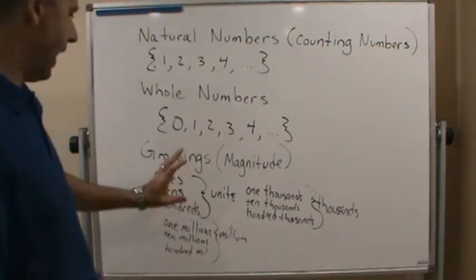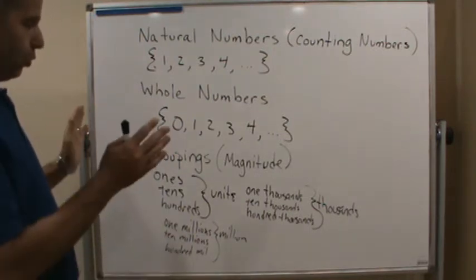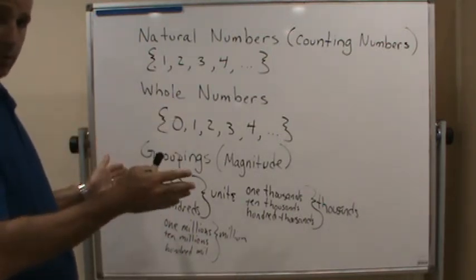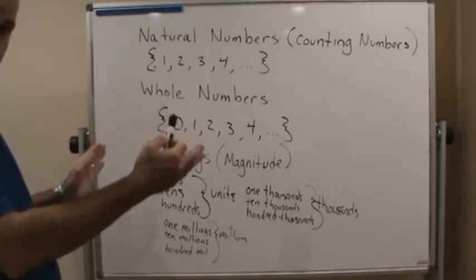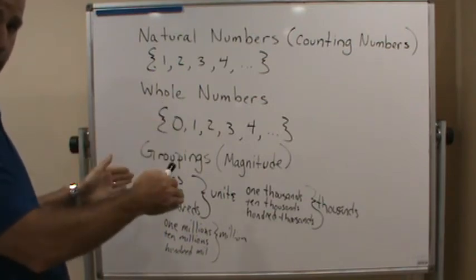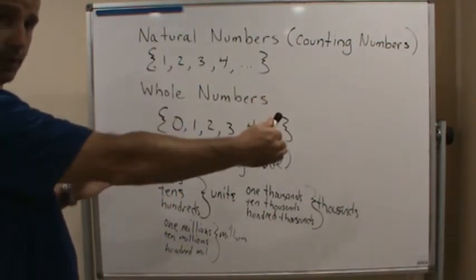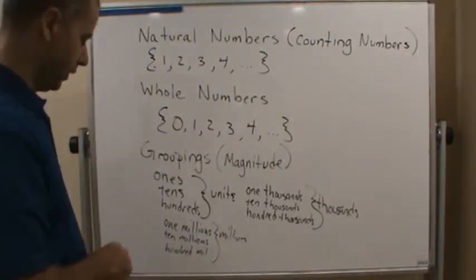That's what we mean by groupings, okay? So we can represent and read numbers by these groupings, and we usually separate the groupings by commas. Every 3rd digit going from right to left, we put a comma.